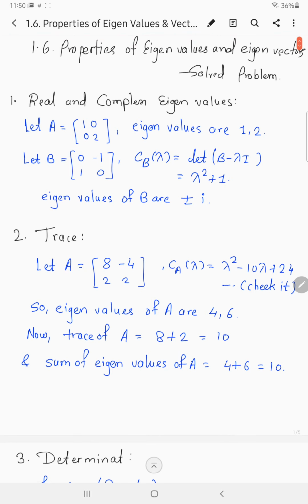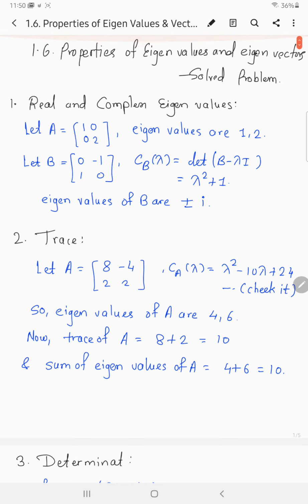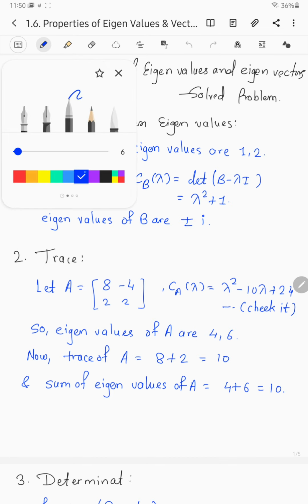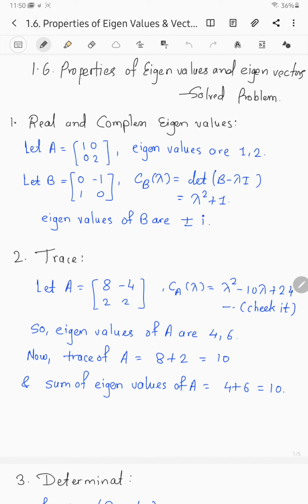We all know the formula of the characteristic polynomial, determinant of B minus lambda I. Now you can check the characteristic polynomial is lambda square plus 1. If I equate lambda square plus 1 to 0, I will get eigenvalues plus or minus i.